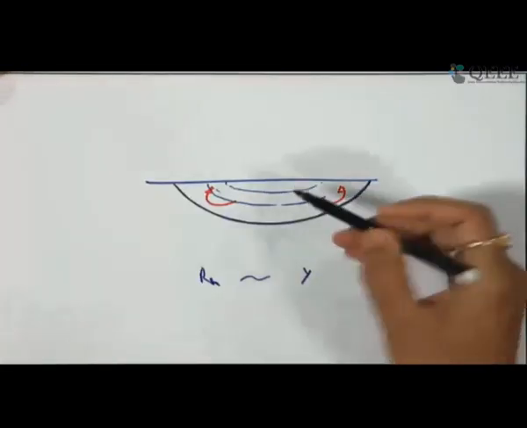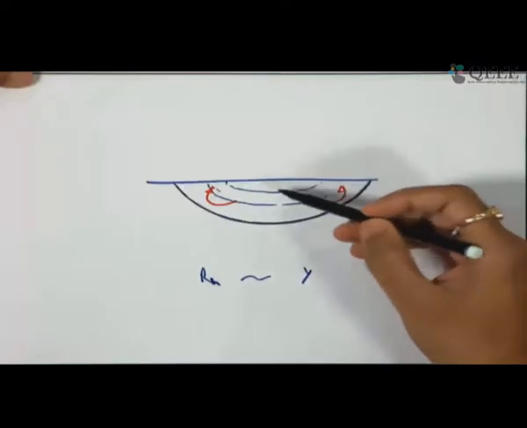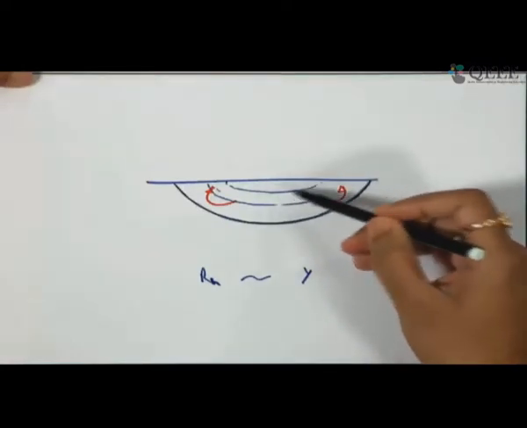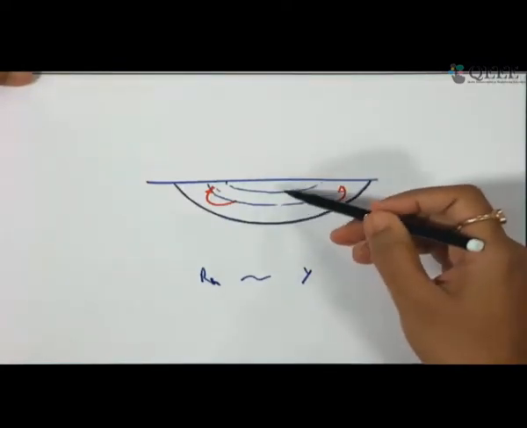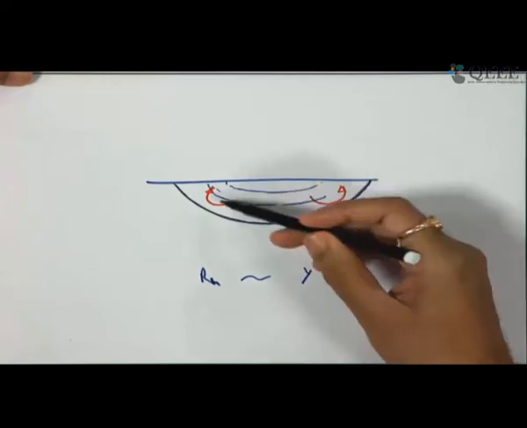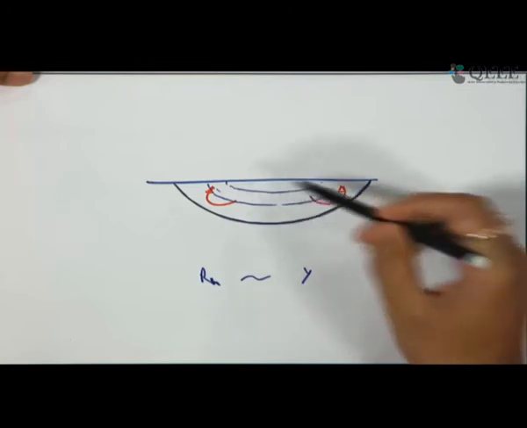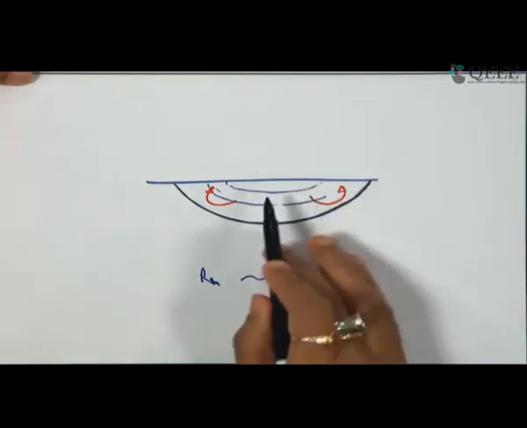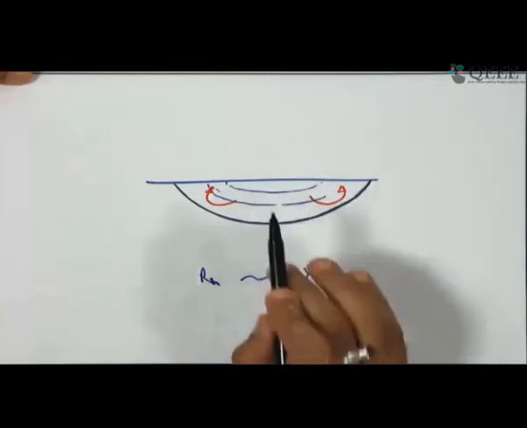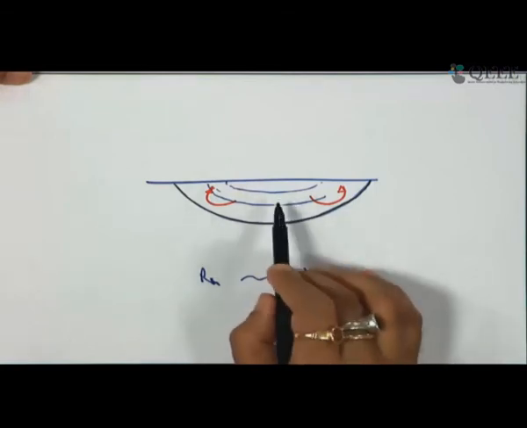Next one is related to the secondary current. Secondary currents are usually, if this is the cross section, then within the cross section you will have different components. One will be the longitudinal component, then there will be the transverse component and other components. But in general we consider the longitudinal component of the velocity.